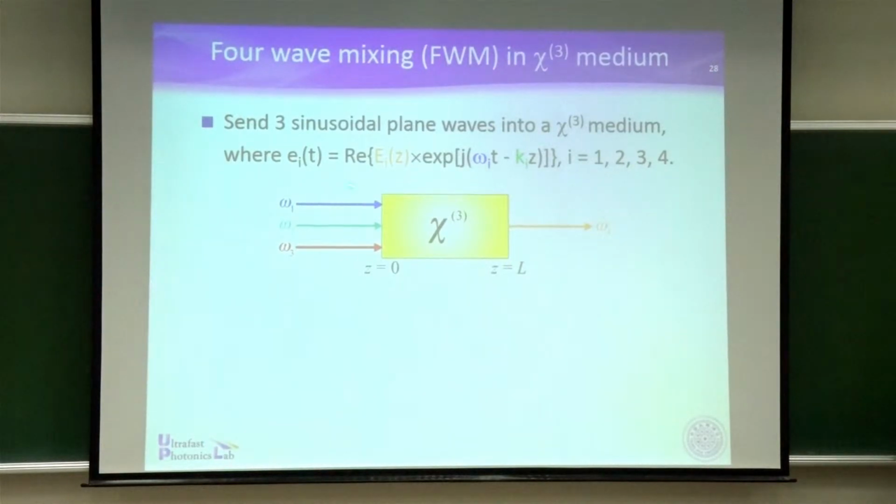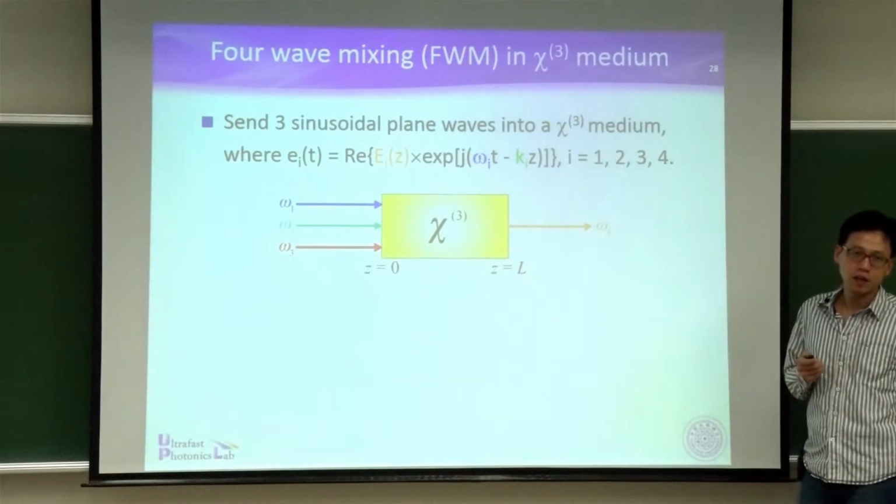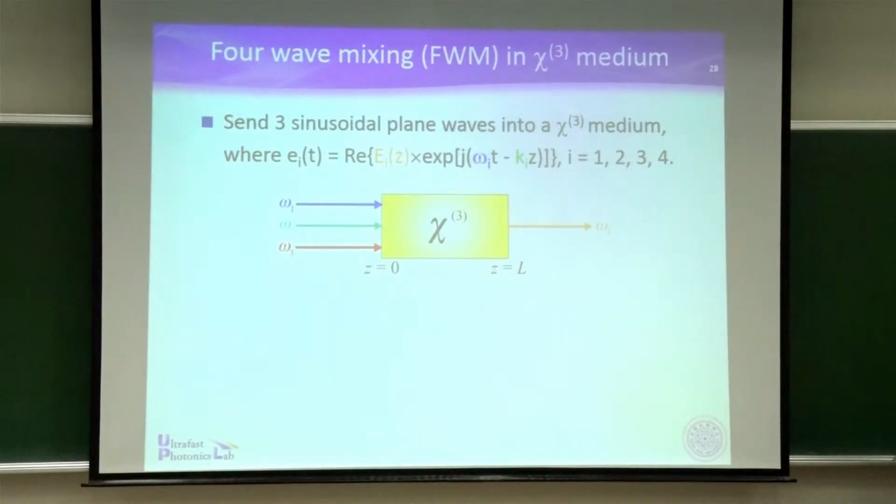When these three waves interact with each other inside the chi-3 medium, what would happen? It's possible we can generate a new frequency component at omega 4. The electric field of each of the sinusoidal plane waves can be formulated in this way.